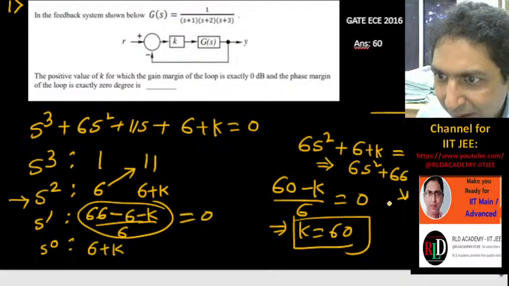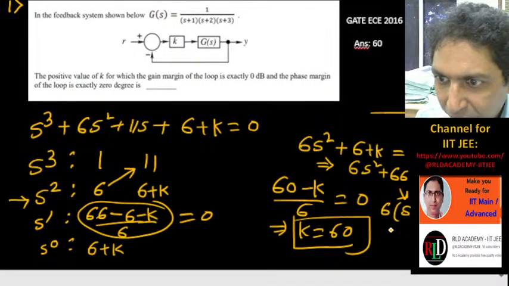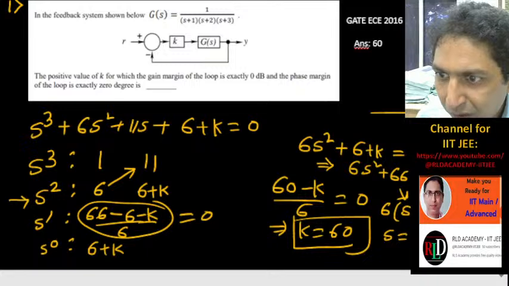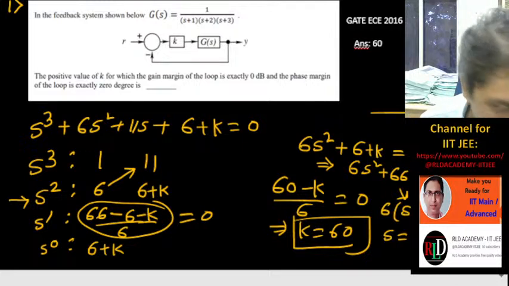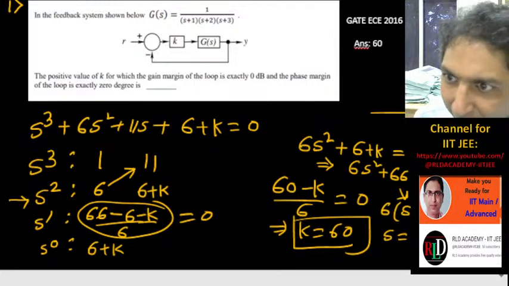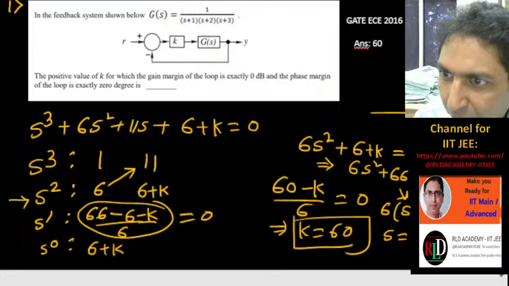From here I can take 6 common: S square plus 11 equals 0. That solution is S equals plus minus square root 11, with a J coming because of the minus. So I will have one J square root 11, and one minus J square root 11.